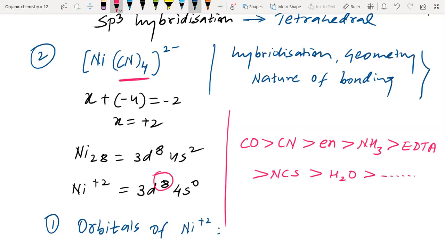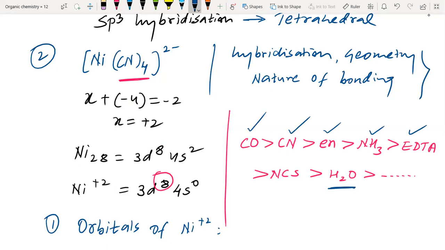So with the help of this spectrochemical series, it becomes easy to understand which are strong field ligands. Before water, whichever ligands you see here, that is carbonyl, cyanide, ethylenediamine, ammonia, EDTA, these are all strong field ligands.